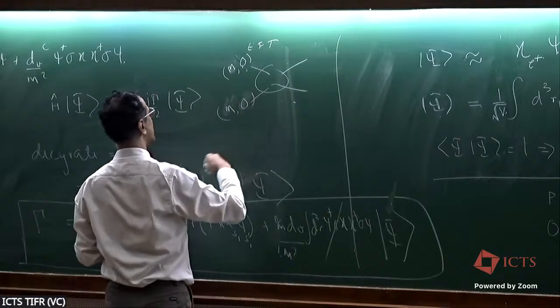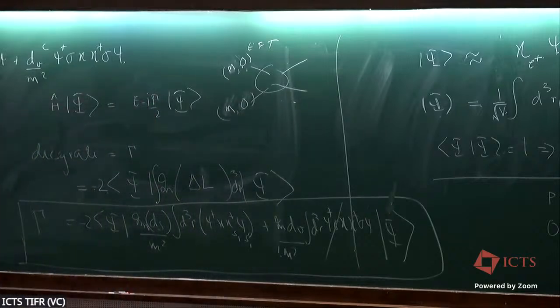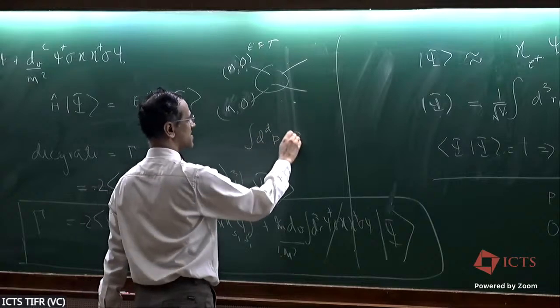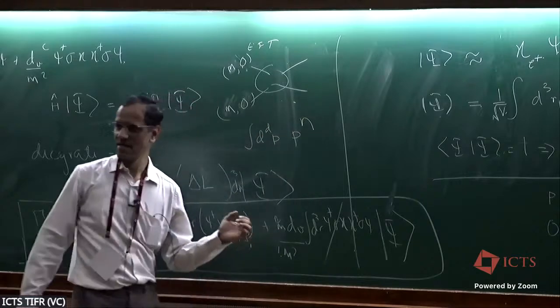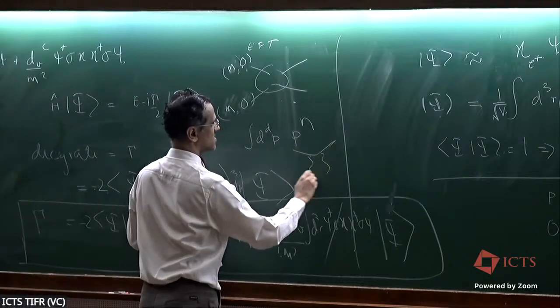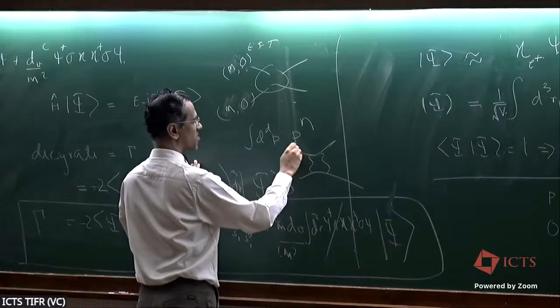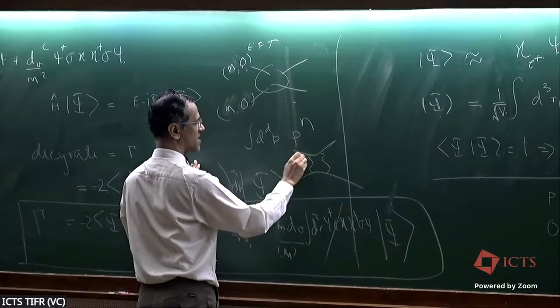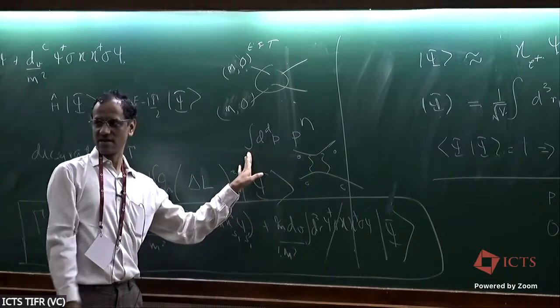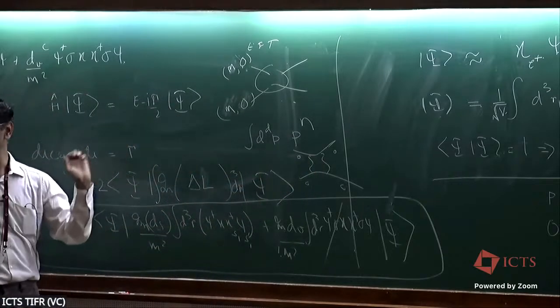And then you'll get loop integrals of the kind dp, p to the power of n. But all the external legs have zero momentum, so there is no scale in this loop integration, and in dim reg they'll all go to zero.